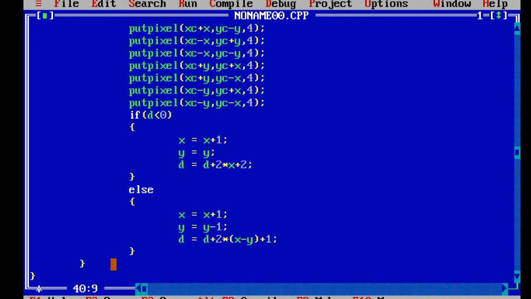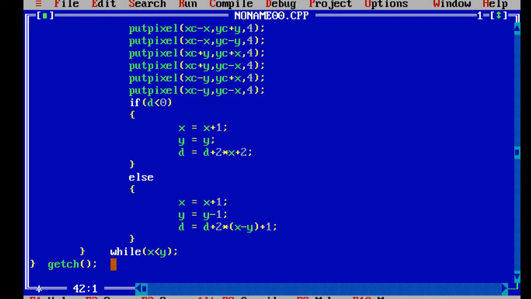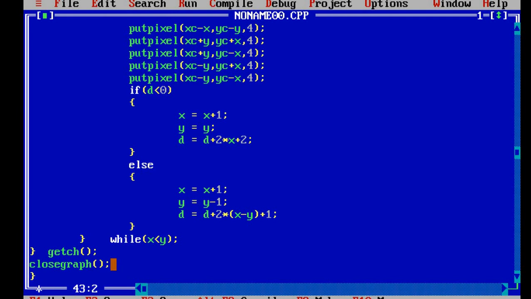Complete the while loop: while x is less than y. getch for the completion of the program, and closegraph for completion of the graph and run.